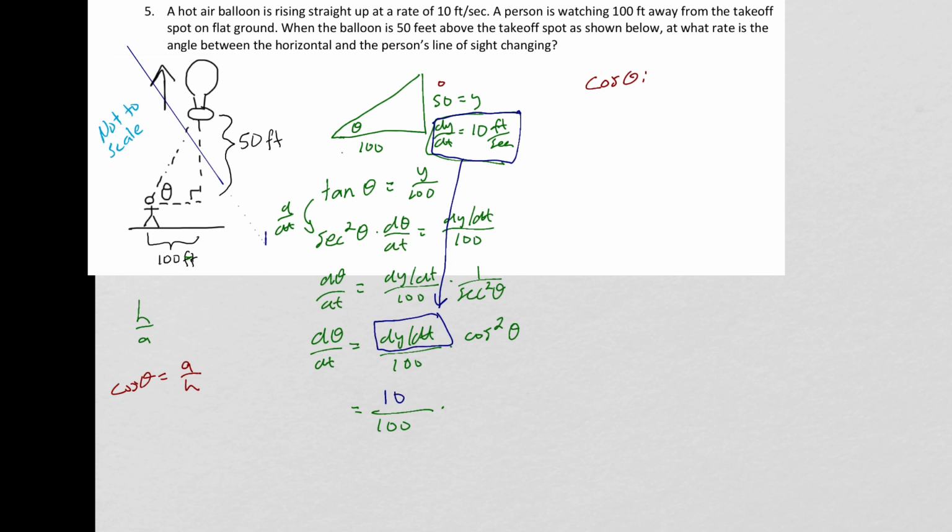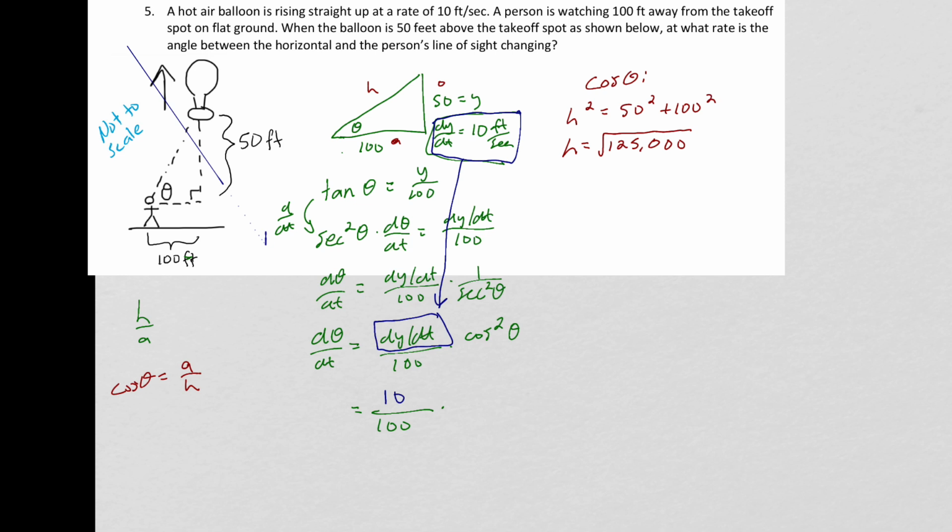I get h squared is equal to 50 squared plus 100 squared, which gives me h equals the square root of, when I do that, I wind up getting 125,000. That's 50 squared plus 100 squared.